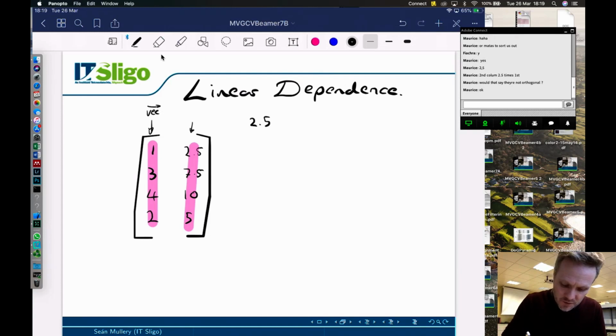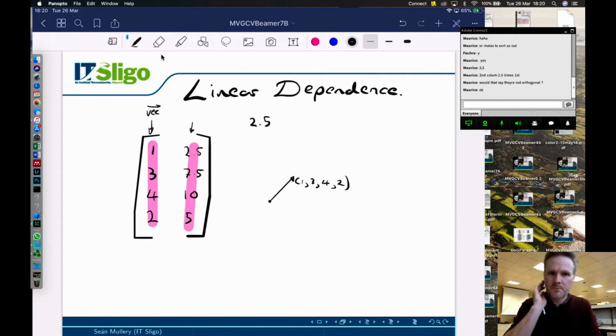So instead, what I'm going to do is draw this first one in a 2-dimensional space here. So it's like that, okay? So I want you to imagine that there's some origin here, and this vector is going off in some 4-dimensional space, and the coordinates of this are 1, 3, 4, and 2, okay?